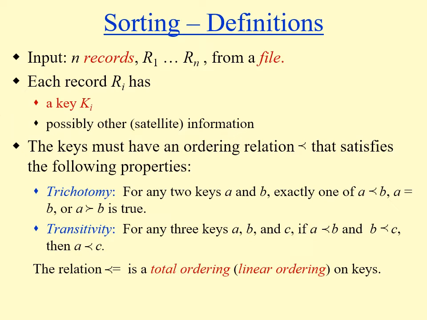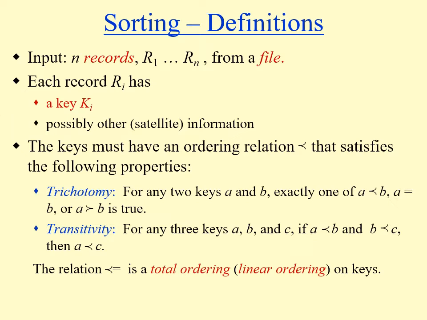We can use less, equal, or larger to represent the relationship between any two keys. So this is the first property that keys must meet, the trichotomy.